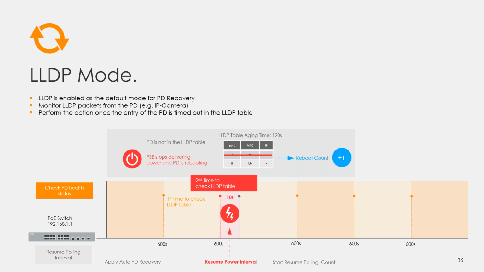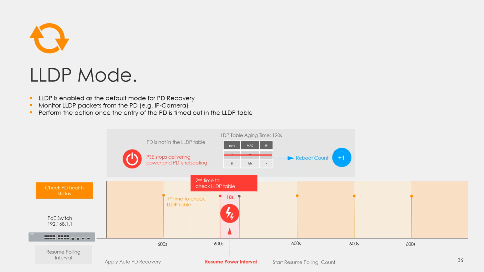And then the switch will set this device, or this camera, to its LLDP table. And it waits 600 seconds between checks to this table. So if I have a device added to my LLDP table and 600 seconds afterwards it's not there, I know that the device has gone from this port, meaning that it's most likely failed.